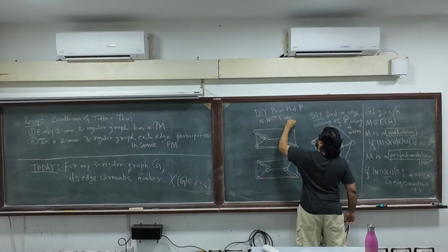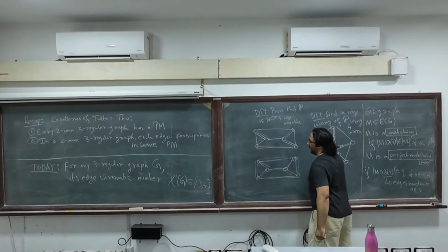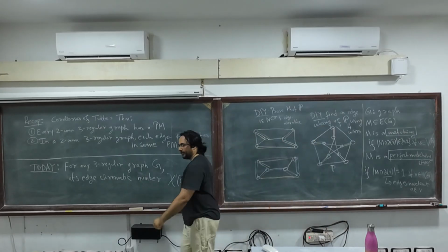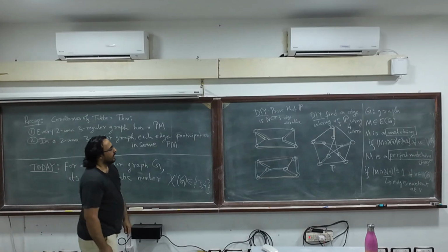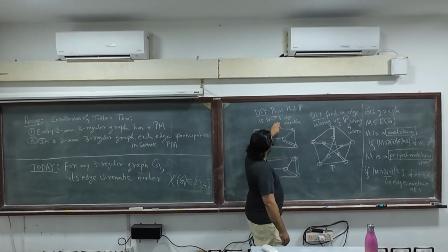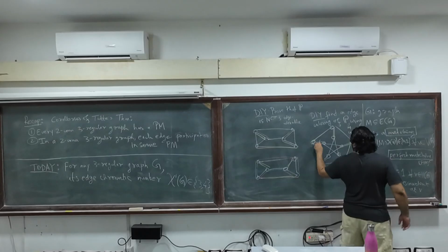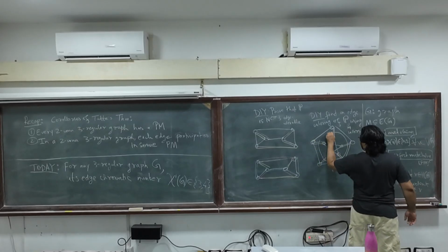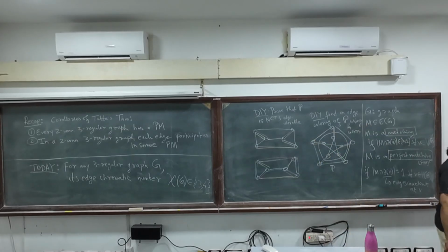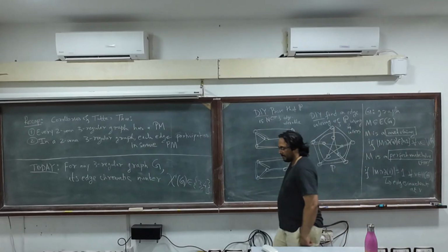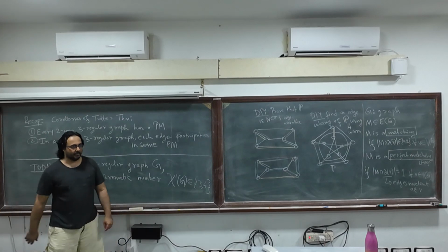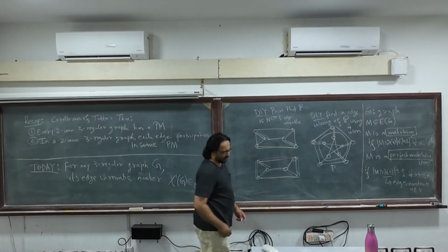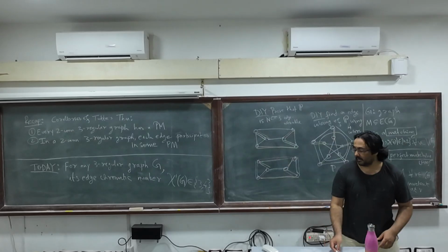In other words, the edge chromatic number is actually 4. The way to do this is to focus on this set of 5 edges, focus on this cut, and try to proceed from there. We did this yesterday, so I'm going to skip it. By the way, we're recording everything, so if you missed yesterday, you can just watch it on my YouTube channel. 2 of them are already posted, the third one is not there yet.